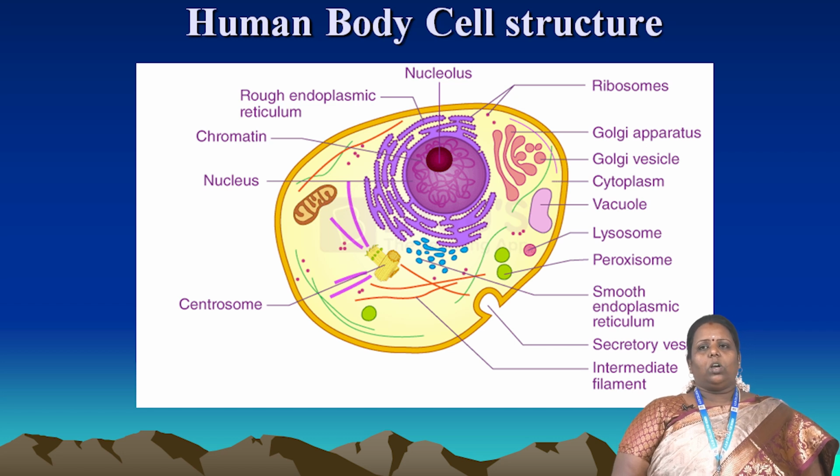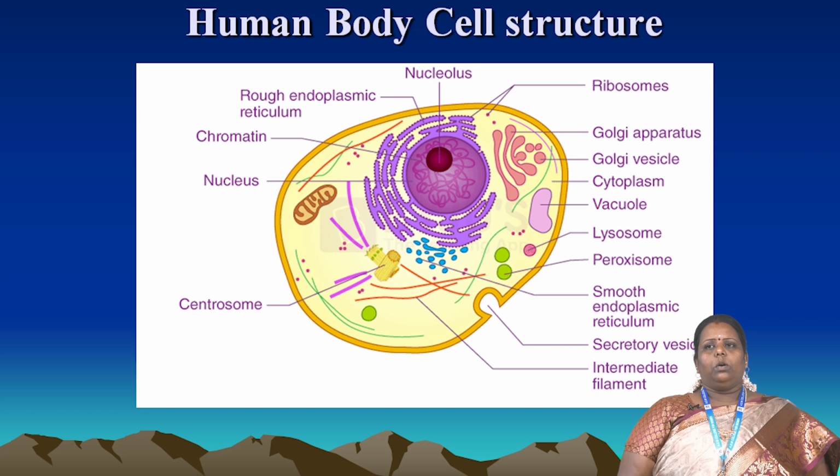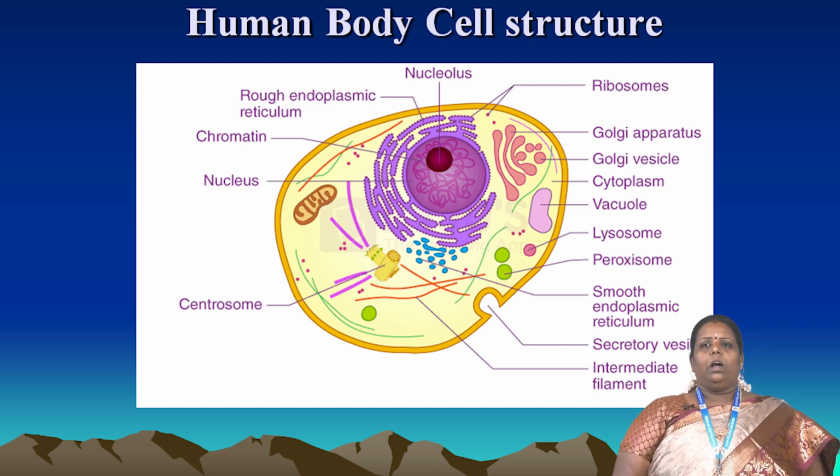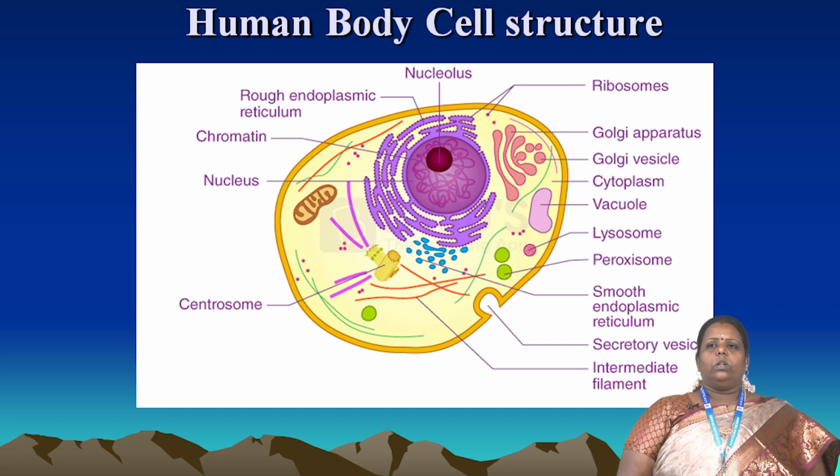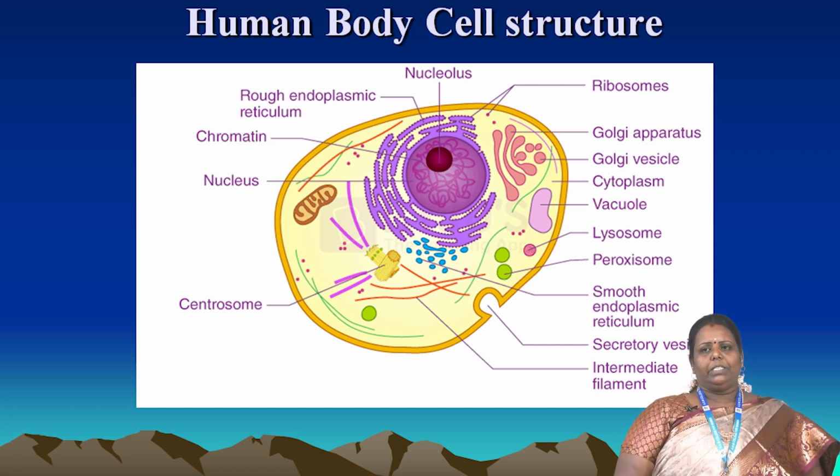Other cell organelles are ribosomes, lysosomes, Golgi apparatus, Golgi vesicles, peroxisomes, smooth endoplasmic reticulum, and rough endoplasmic reticulum, and there is also chromatin substance, chromatin being the plural of chromosome, and centrosomes, everything. What is the difference between rough endoplasmic reticulum and smooth endoplasmic reticulum?